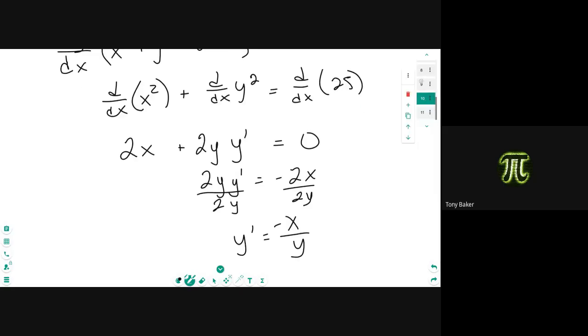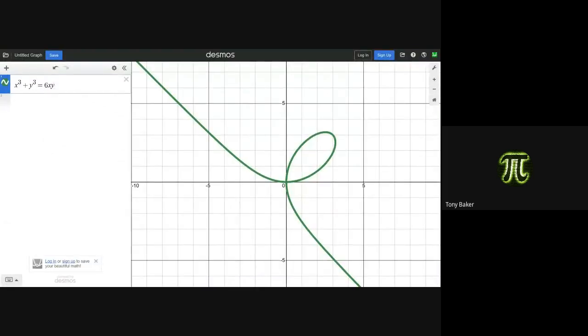All right, let's look at that other horrible equation I did. That's what that equation looks like. X to the third plus y to the third equals 6xy.